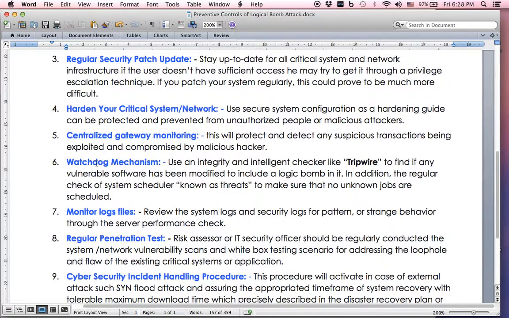So the next is the watchdog mechanism. Watchdog mechanism is the application, or we can say the integrity or intelligent checker file, to spread out across all applications to find out which system contains vulnerability or loophole, and to identify who is an unauthorized modifier on a certain file or system.